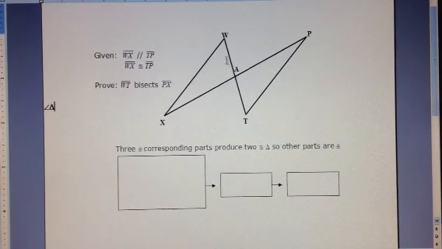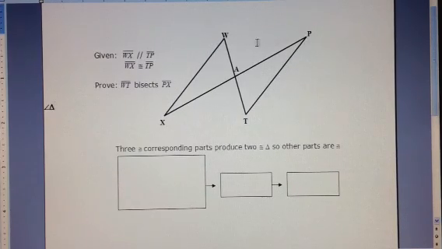We also see that in the 2 triangles that appear to be congruent, we have vertical angles here at A. Angle WAX and angle TAP are going to be congruent because vertical angles are congruent. Any angle in a pair of vertical angles are congruent. So now we need another thing congruent from the information given. Hopefully you recall that when you have parallel lines, it produces some congruent angles.